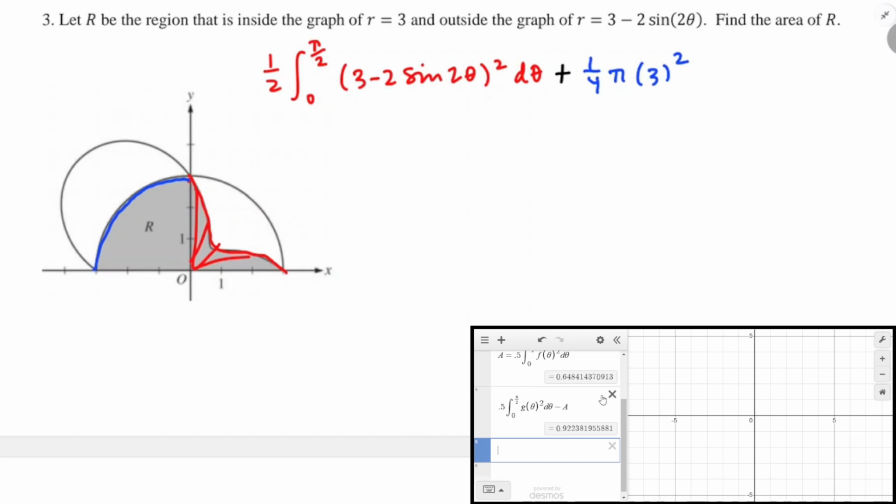So right now I just need an integral, so 0.5 times the integral from 0 to pi over 2 of (3 minus 2 sine 2 theta) squared d theta. I'm looking at those parentheses, yeah, that looks right. And then we need to add plus 9 pi over 4. I get 9.708.